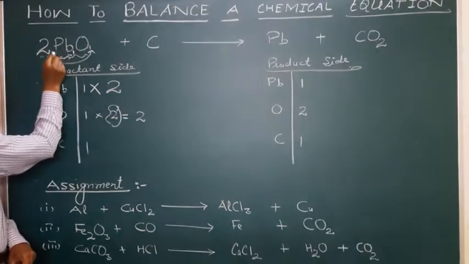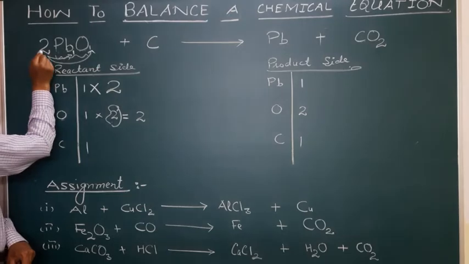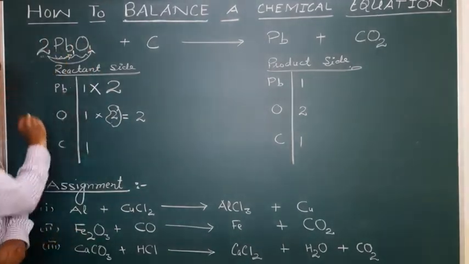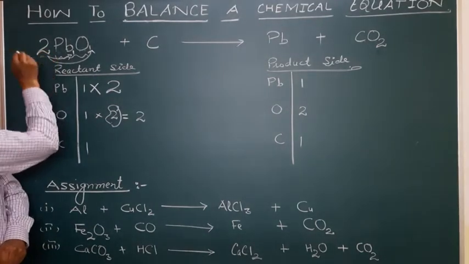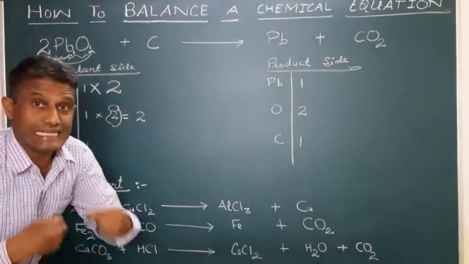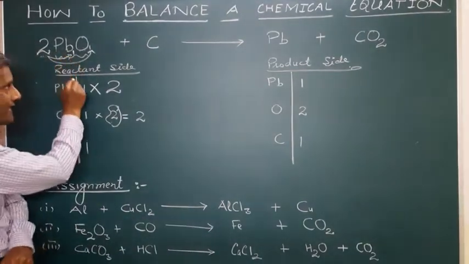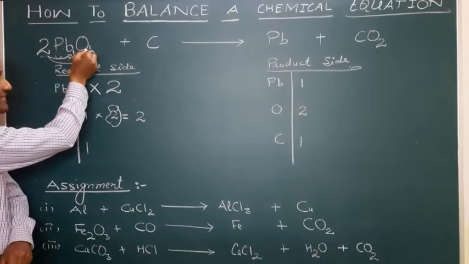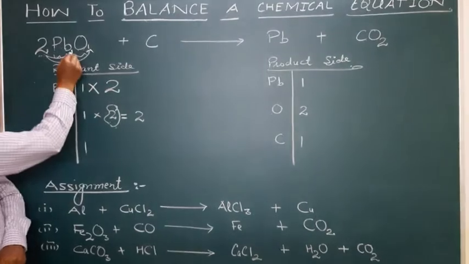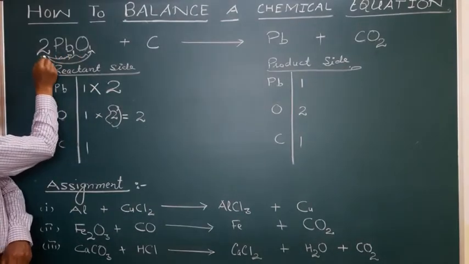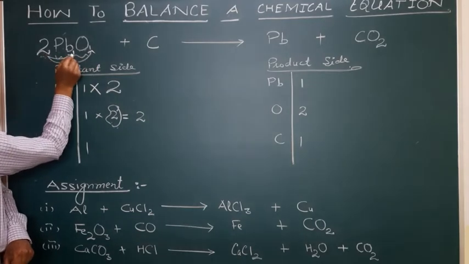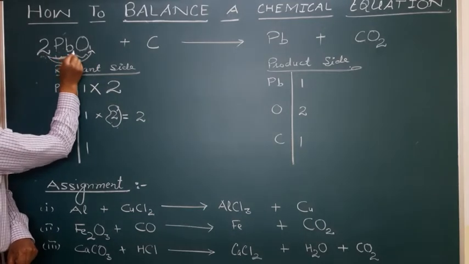That 2 is coming from here because 2 was used as a coefficient in order to balance oxygen. When we have planted 2 here, 2 becomes a multiplier for both lead as well as oxygen. It makes the number of atoms of oxygen equal to 2, but at the same time, being a multiplier of this lead oxide, this 2 is also going to multiply this very one atom of lead.